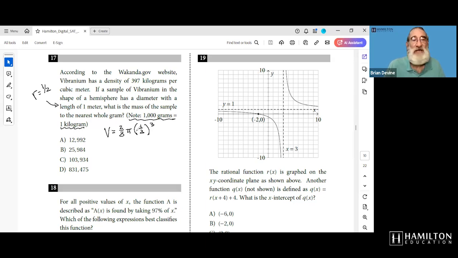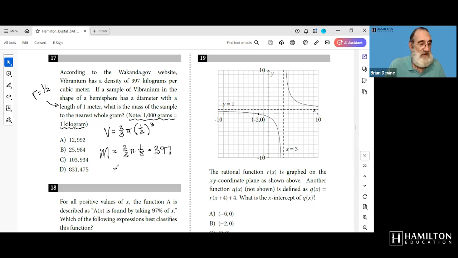And we then can use that idea that the mass should be the volume, which is 2/3 pi times 1/8, times the density, which is 397 kilograms per cubic meter.